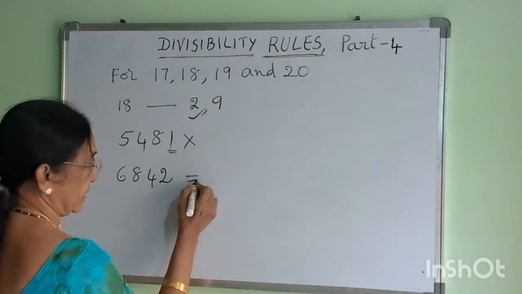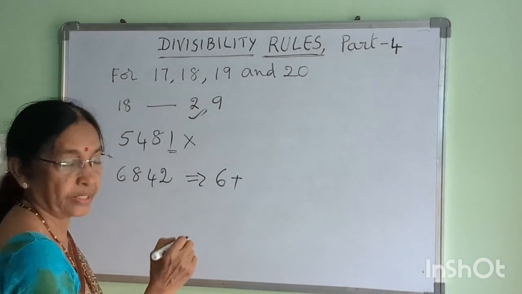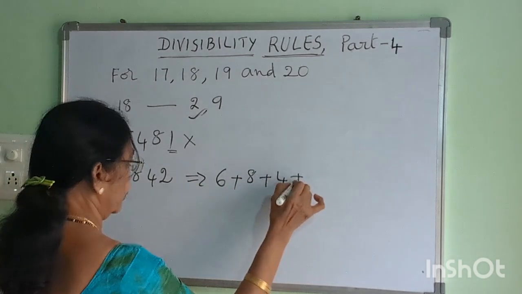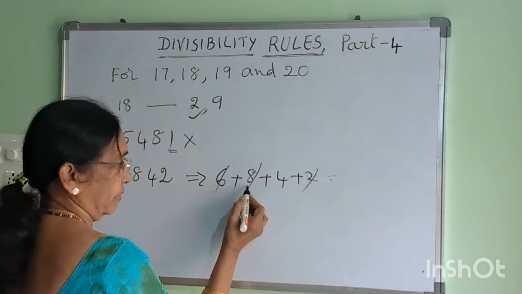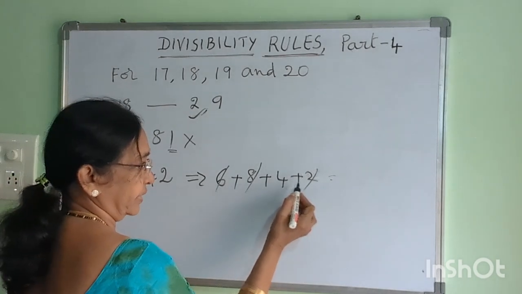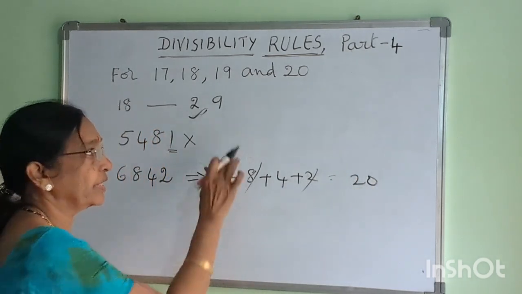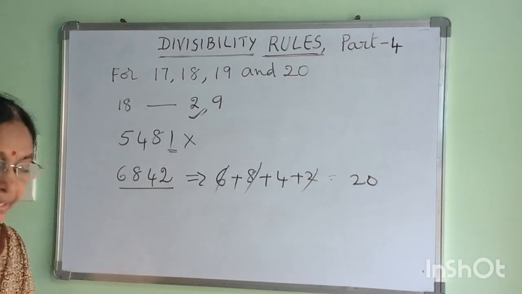Sum of the digits: 6 plus 8 plus 4 plus 2. 6 plus 8, 14. 14 plus 4, 18. 18 plus 2, 20. 20 is not divisible by 9. Therefore, this number is not divisible by 9.